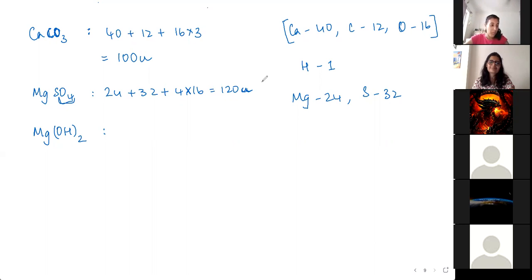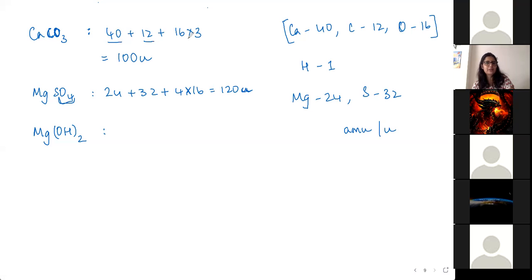Okay. Atomic mass, we're talking about atoms, right? Because they're so small, we have their own special unit, which is AMU, atomic mass units, also represented by U. So when you're calculating the molecular mass by adding up the atomic mass of each of the atoms present, the units of molecular mass will be the same, U or AMU.